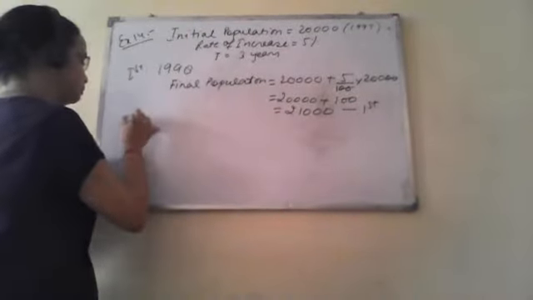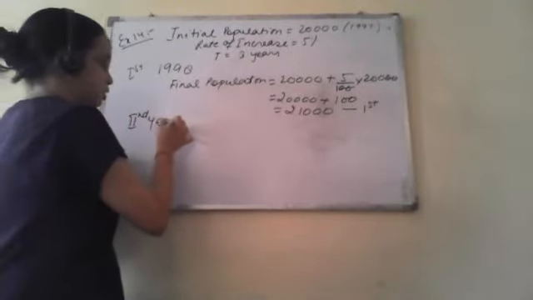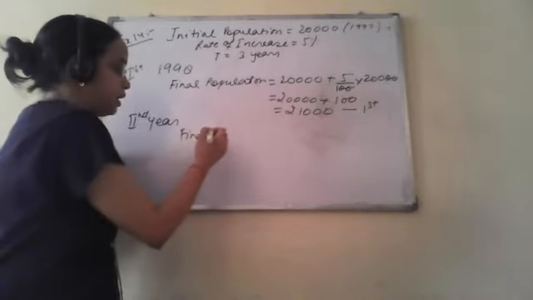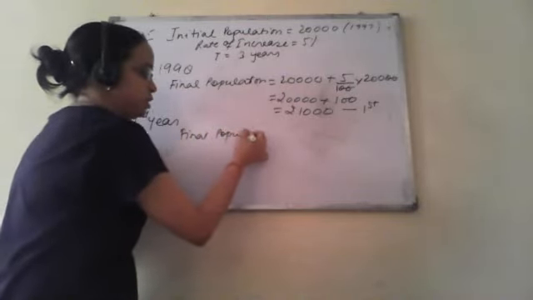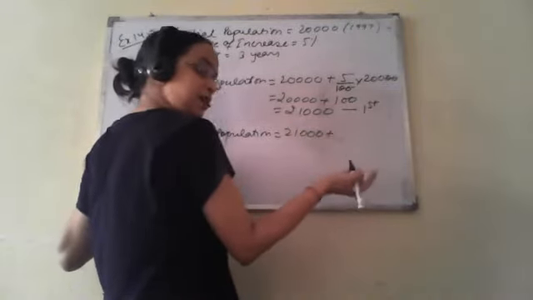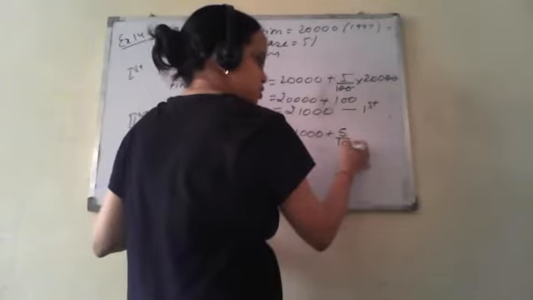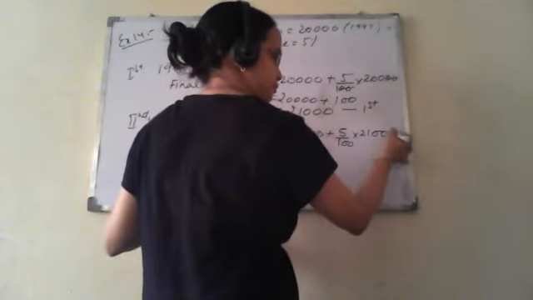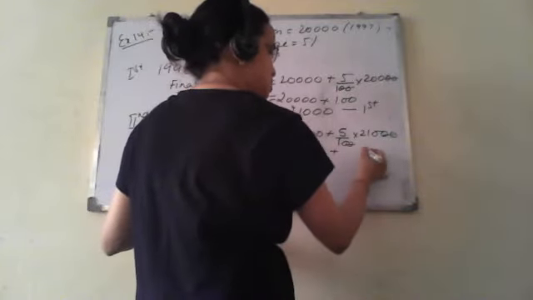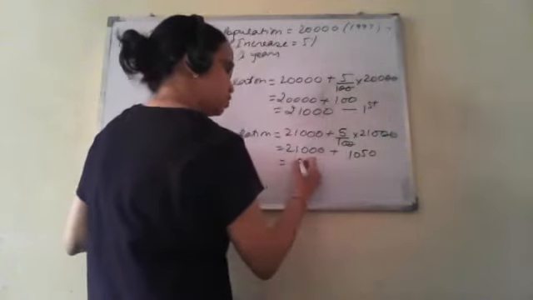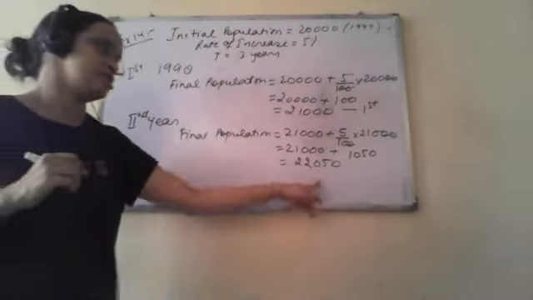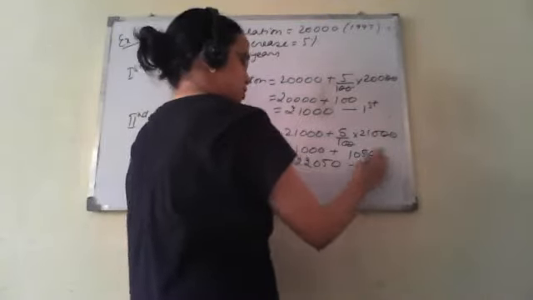For the second year, that means at the end of 1999, the final population will be this 21,000 plus, again, 5% increase. So it comes out to be 22,050. So at the end of the second year, the population is this much.